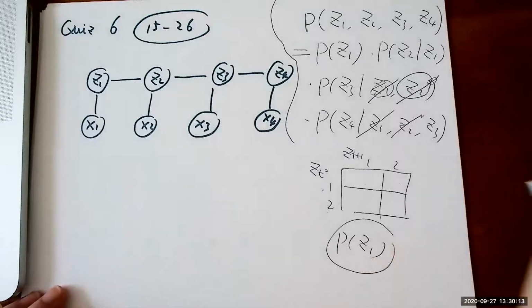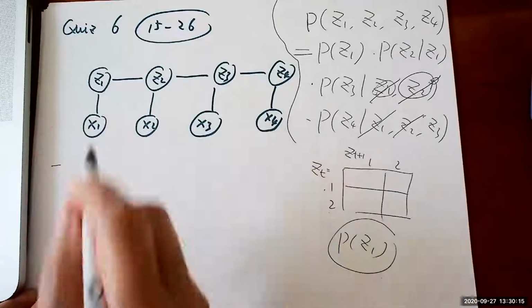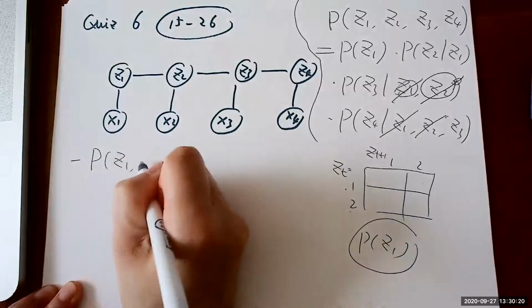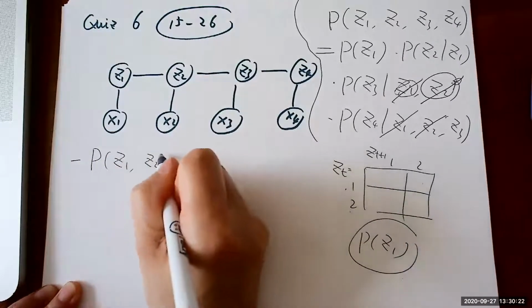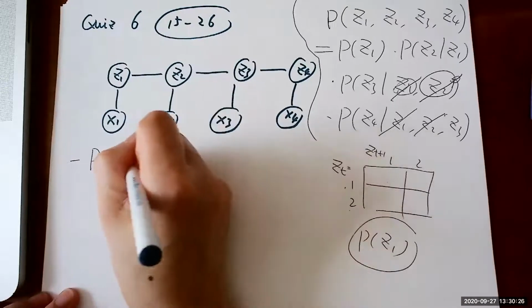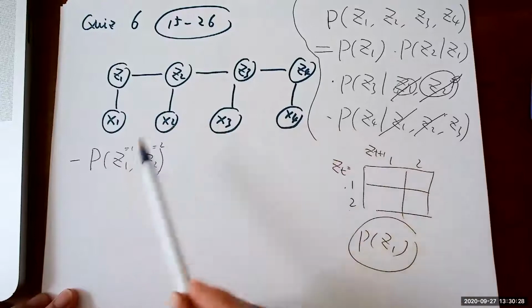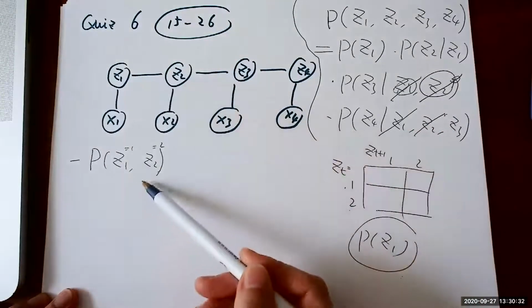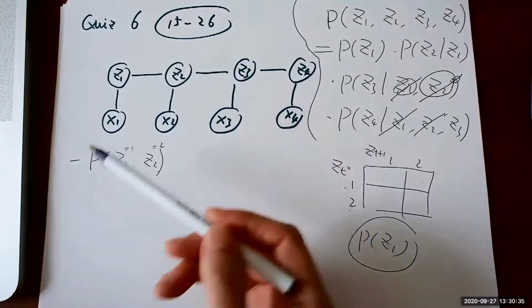Now, in that quiz, whenever you are asking, for example, how to compute the probability of a particular sequence for Z1, Z2, and like this, that's easy. There's a particular value, right? You basically just use this factorization. You can calculate this probability, and that's easy.